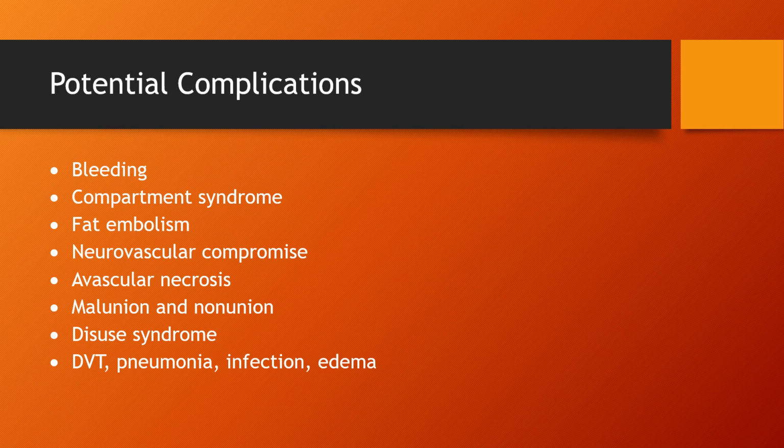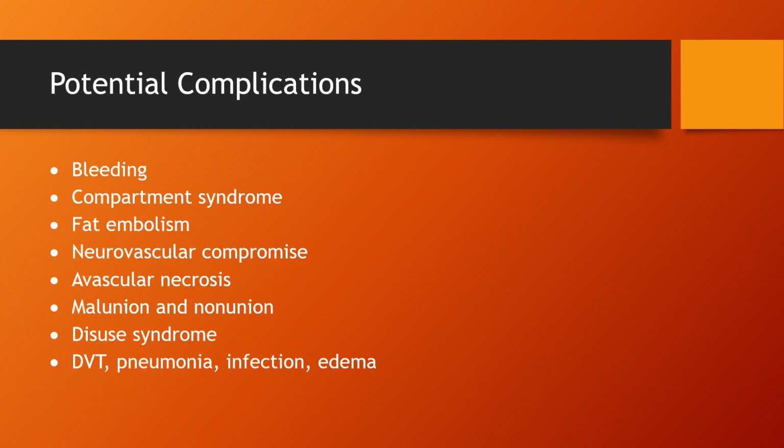As mentioned previously, patients are at risk for neurovascular compromise, and we already talked about how to assess for that. Avascular necrosis is the death of bone tissue due to lack of blood supply, so that could happen. Malunion or non-union of fracture ends: if they aren't lined up properly, they may join improperly or not join at all.